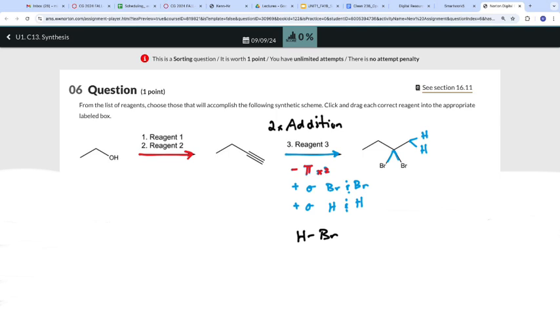We would expect the pi bond to act as an electron donor, would share with our hydrogen. The electrons would then go to the bromine. The resulting structure, we'd have our pi bond. Our hydrogen would go to the end so that we could form an internal carbocation.